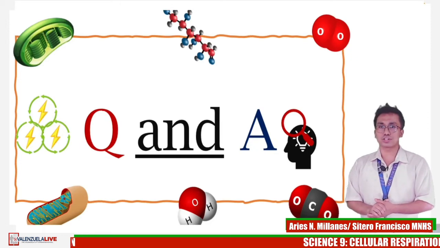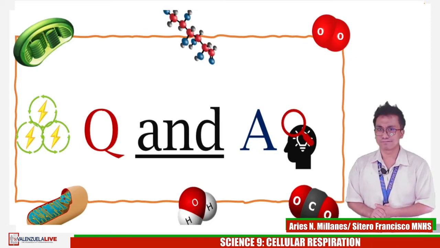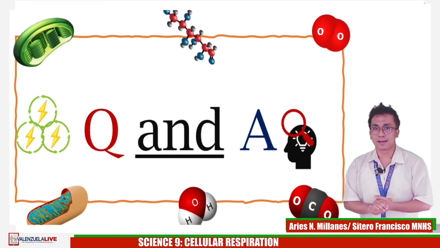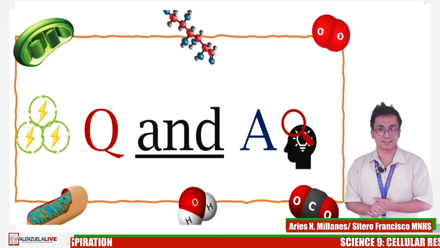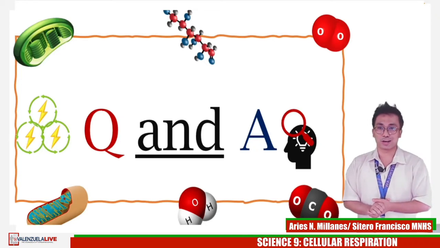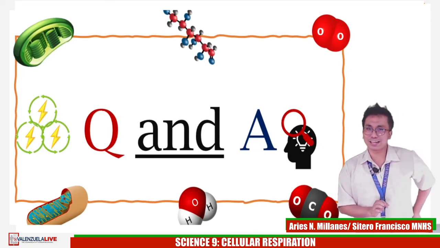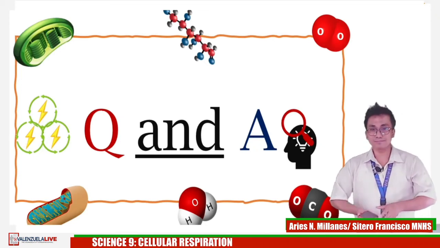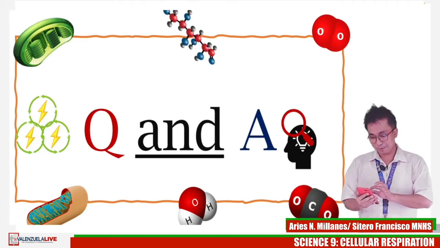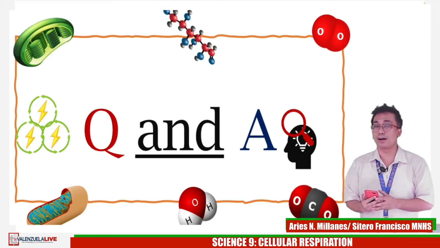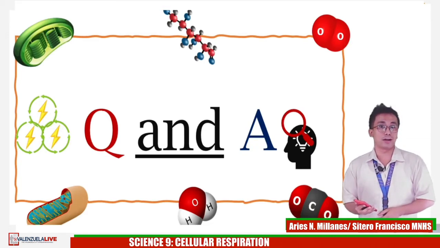For second question, how many mitochondria are there in our cells? This is a tricky one. Wait, I need my calculator. Okay, now, let us compute. Approximately, there are 5 to 6 mitochondria in one cell.